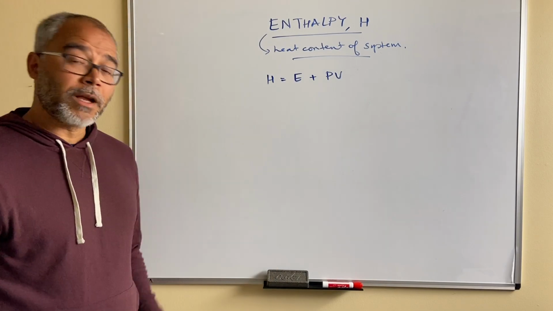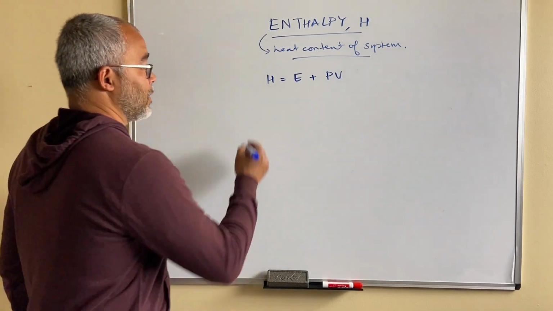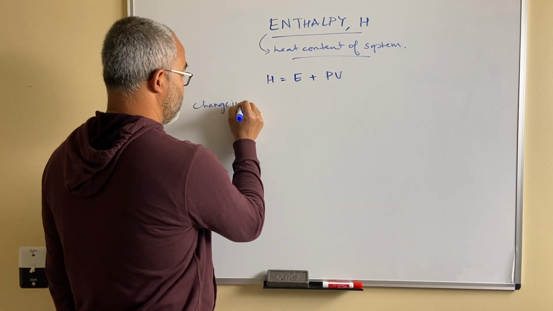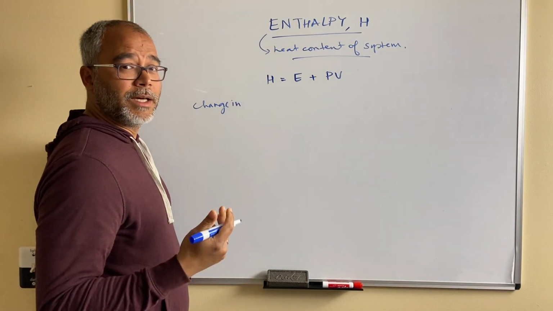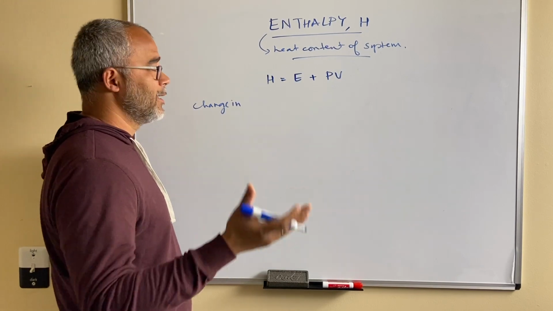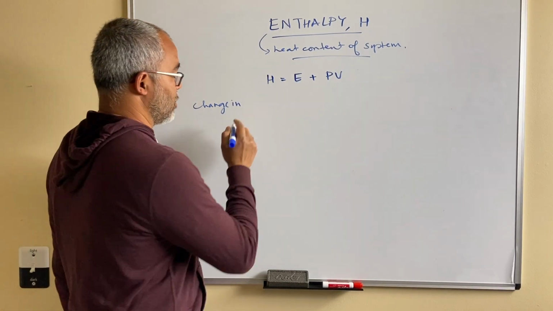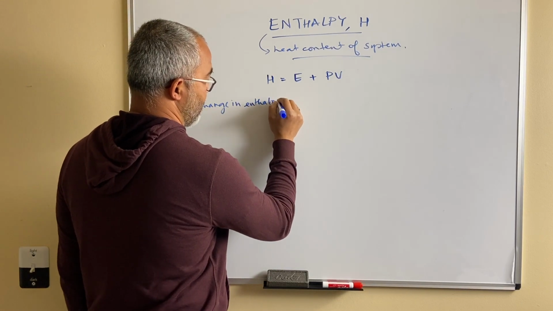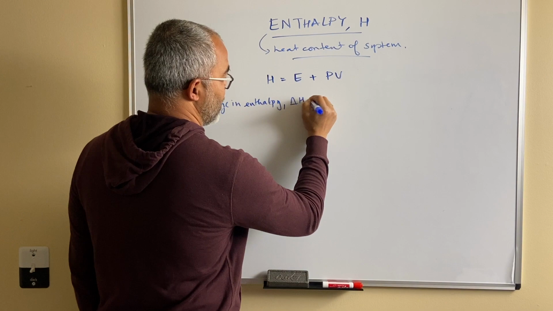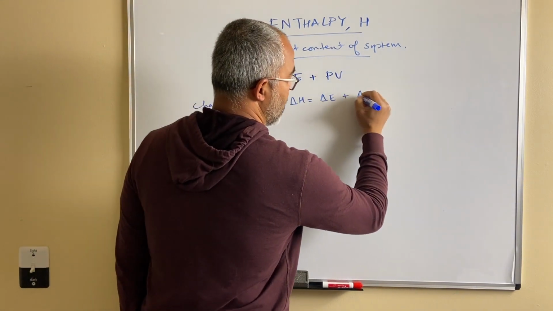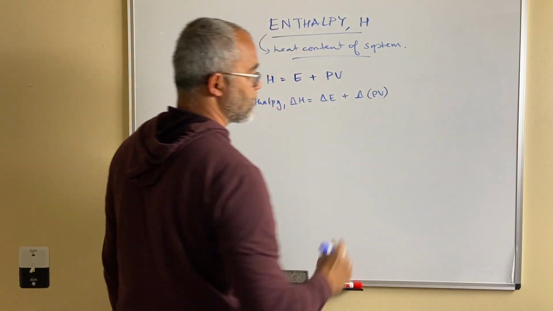First we have to understand the change in enthalpy. Remember, we have a system exchanging with the surroundings, so there's an initial state and a final state, and a lot of things change in the process. The change in enthalpy, delta H, is equal to the change in internal energy E plus the change in the pressure-volume work.